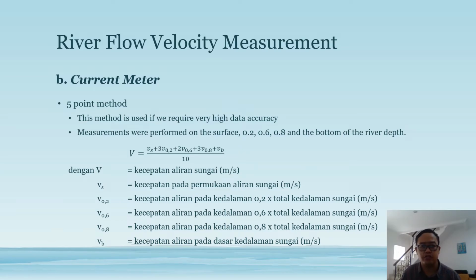The formula used is V equals the velocity on the surface plus 3 times the velocity at 0.2 plus 2 times the velocity at 0.6 plus 3 times the velocity at 0.8 plus the velocity on the bottom of the river. And we divide all of that by 10.